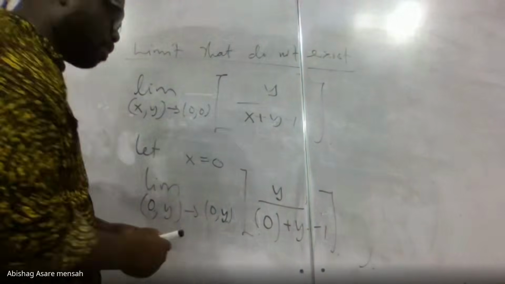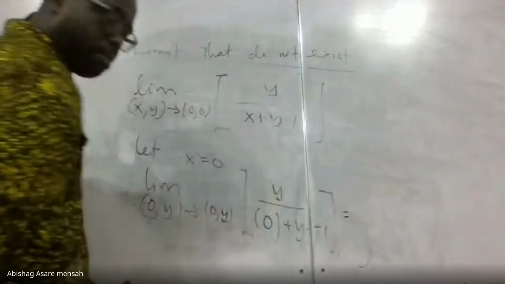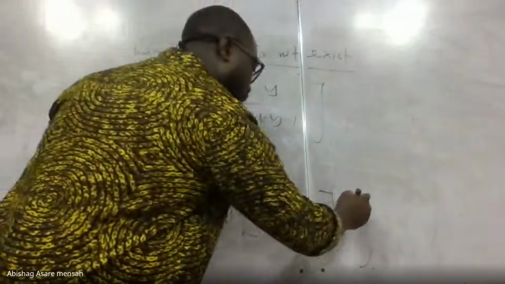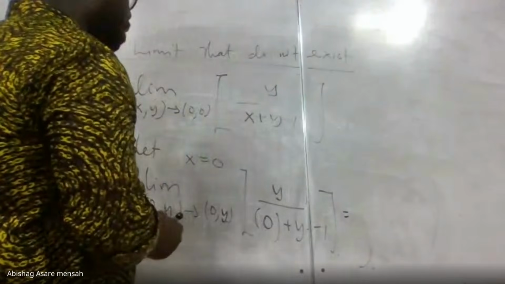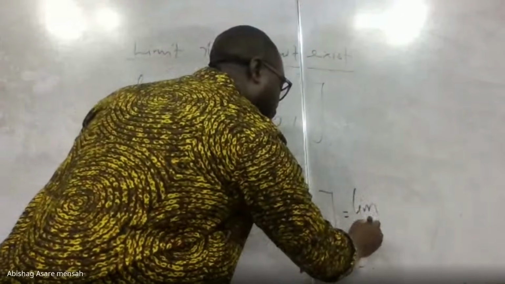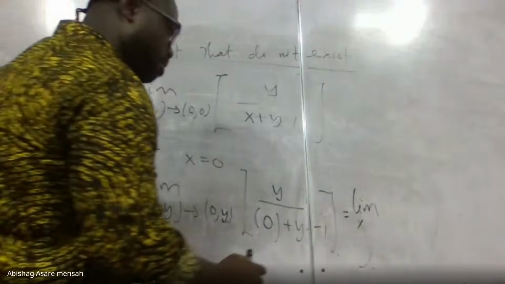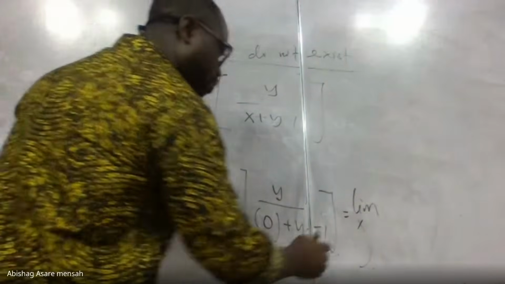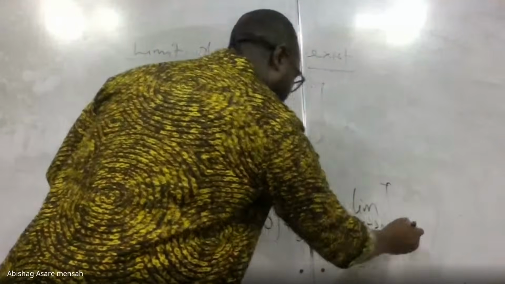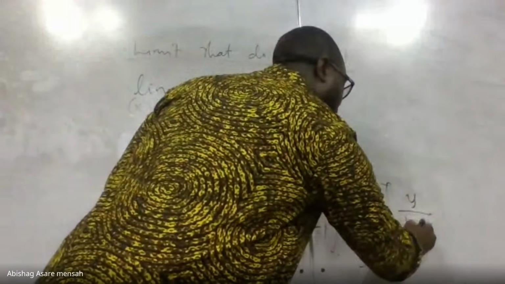Now, when you have this, what do you get? This one will be the limit, I should write it at the top here. I don't know if you can see. So this time we put y mapping to 0. We have y divided by y minus 1.